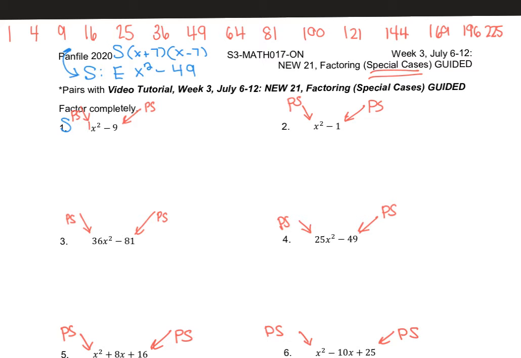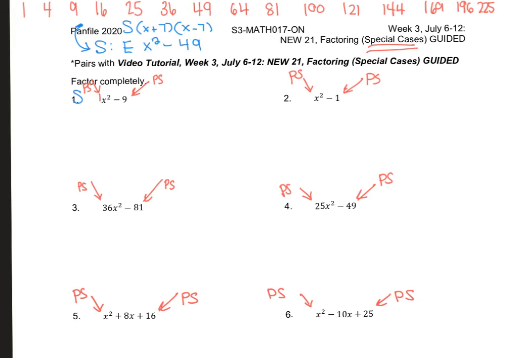All right, so if we are starting with x squared minus 9, we're going to set up our 2 parentheses. We are basically asking what we are going to multiply to get x squared. Well, we need an x and an x. X times x gives us x squared, and that's also taking the square root of x squared, right?